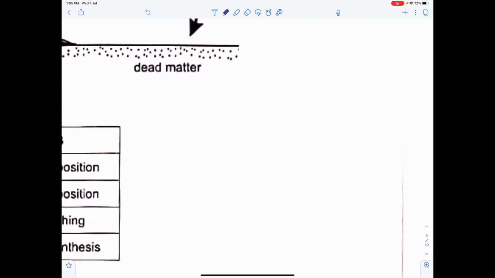For photosynthesis, always remember that you will need carbon dioxide together with water, in the presence of light energy and chlorophyll, which will give you glucose, your simple sugar, together with oxygen.